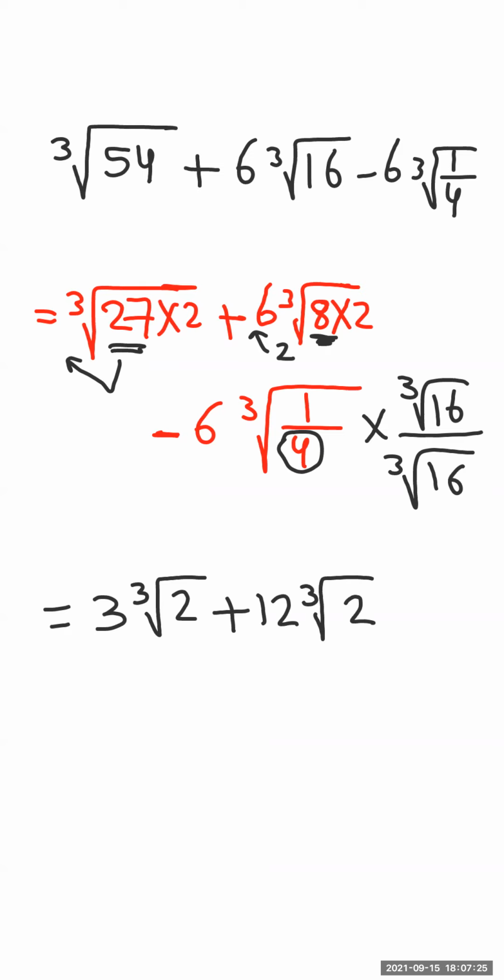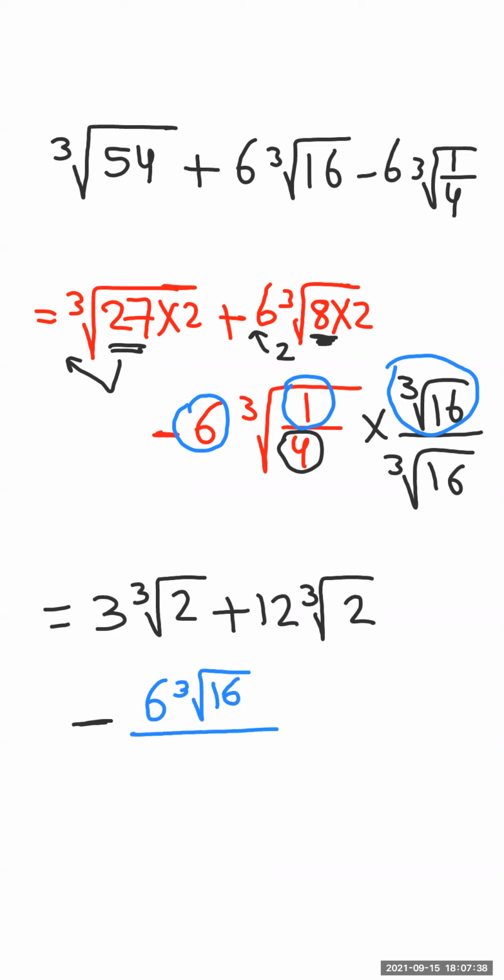Then minus. Now in this one, 6 times cubic root of 1 times the cubic root of 16. So of course, 6 cubic root of 16 over, here, the denominator, cubic root of 4 times the cubic root of 16. We said that directly it will equal the cubic root of 64, which means 4. So now, guys, this term we can still simplify.